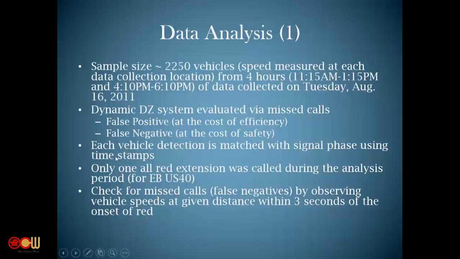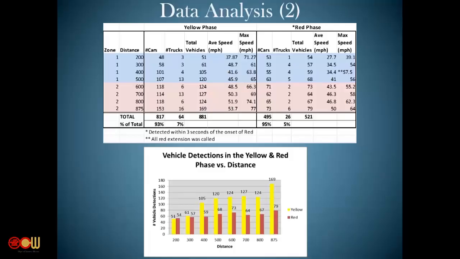So we have what? 22,200 vehicles for this data collection. Individually, 2,000 vehicles of data during a 4-hour period. So you can see we are not lazy. We're not trying to take a small sample. Just one intersection, we have 2,000 vehicle data points over the dilemma zone, to see how they respond.